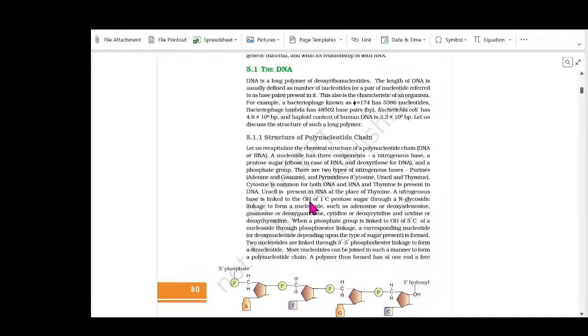A nitrogenous base is linked to the OH of carbon 1 of the pentose sugar through the N-glycosidic linkage to form a nucleoside, such as adenosine or deoxyadenosine, guanosine or deoxyguanosine, cytidine or deoxycytidine, uridine or deoxythymidine.